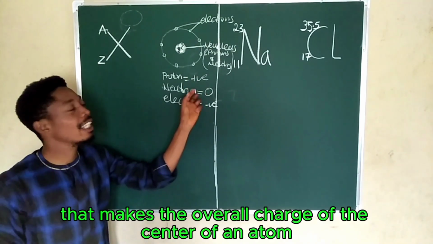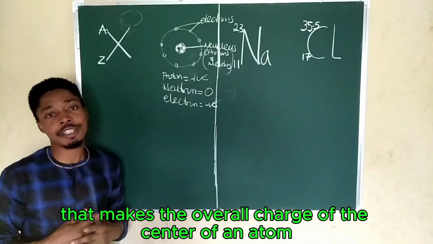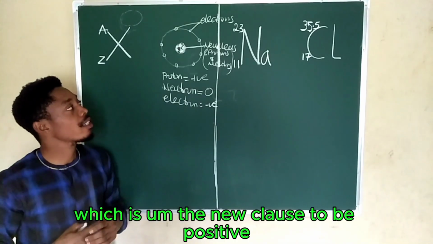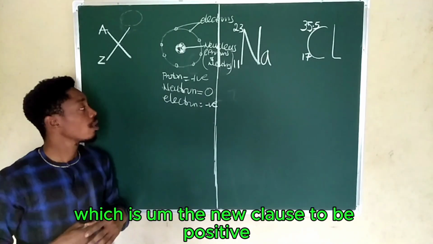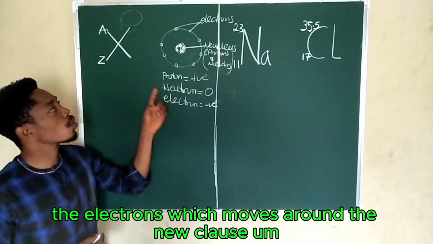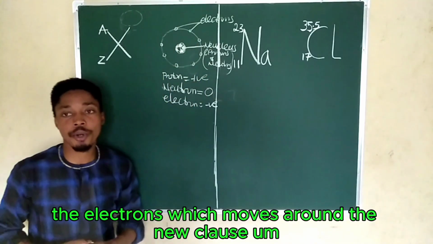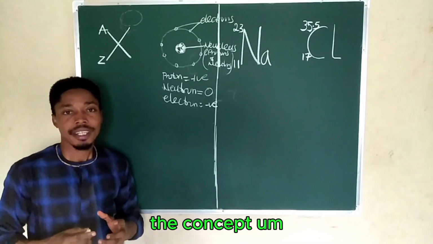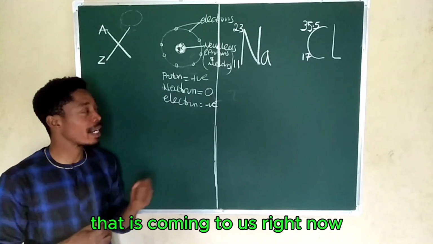That makes the overall charge of the center of an atom, which is the nucleus, positive, also called the positive core.